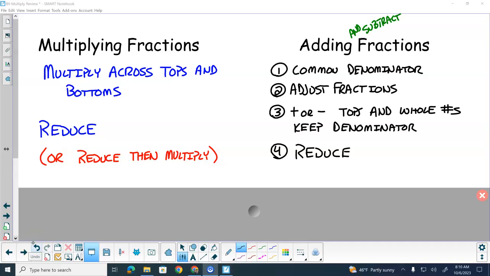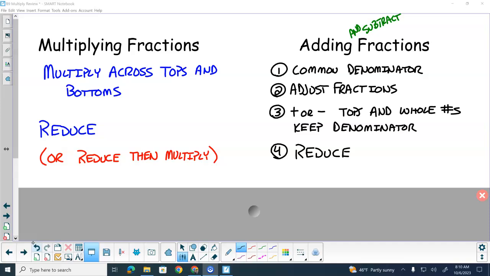Now, with adding and subtracting, we're going to see a plus sign in between the two fractions if we're adding, and we're going to see a subtraction sign in between if we're subtracting. Or if we're subtracting, we also might see plus a negative. And that would become a subtraction problem.